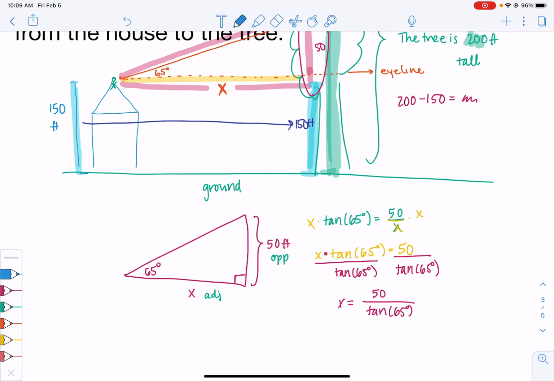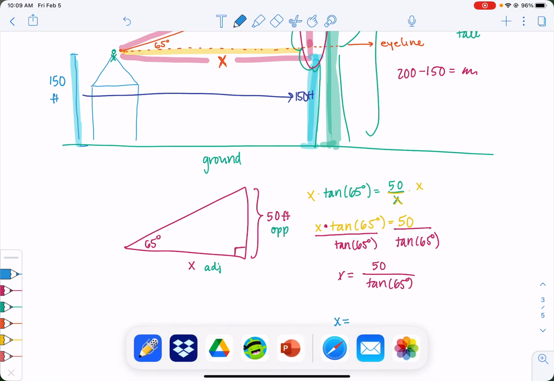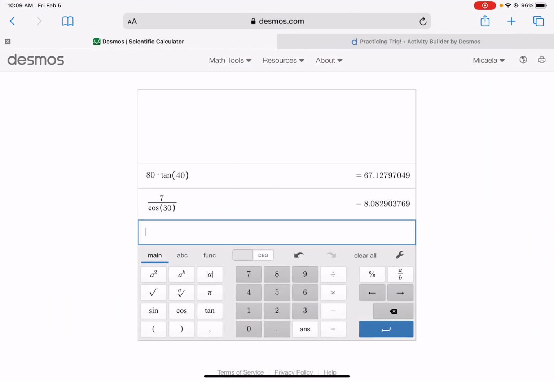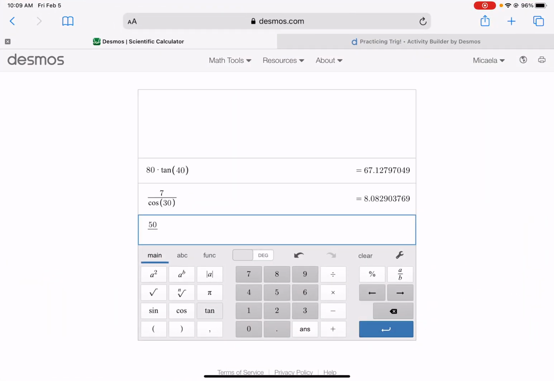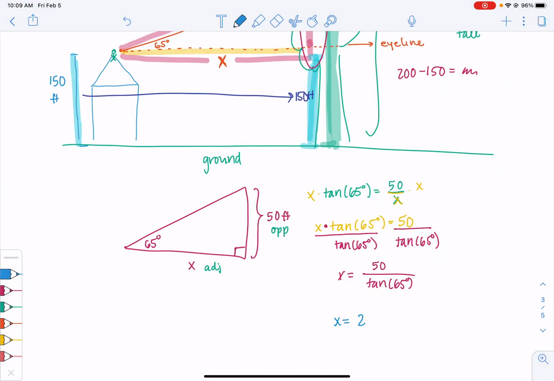Now is x alone? Yep, so now we use our calculator. 50 divided by tangent of 65. Get 23.31. So the tree is 23.31 feet from the house.